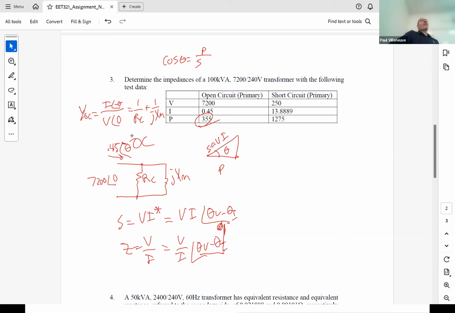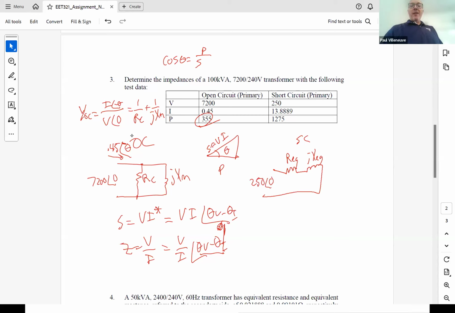Okay, so then for number 2. But wait a minute. Are you done? No. I got it. That's okay. Would you rather just finish this one? So how do you do the short circuit test? It's exactly the same, but now I have R equivalent and jX equivalent. I have 250 at an angle of 0.